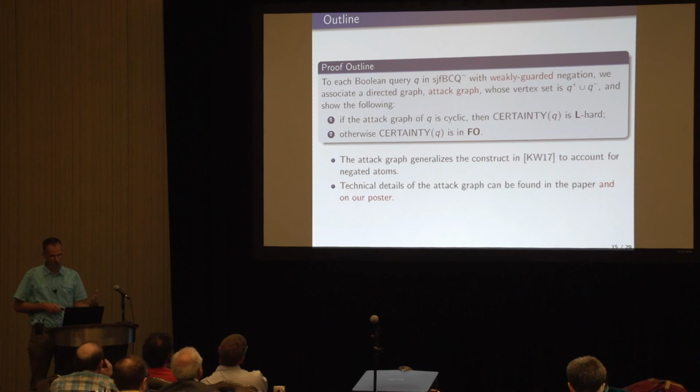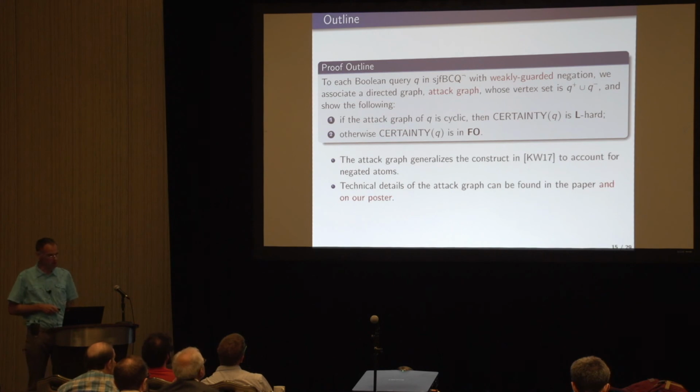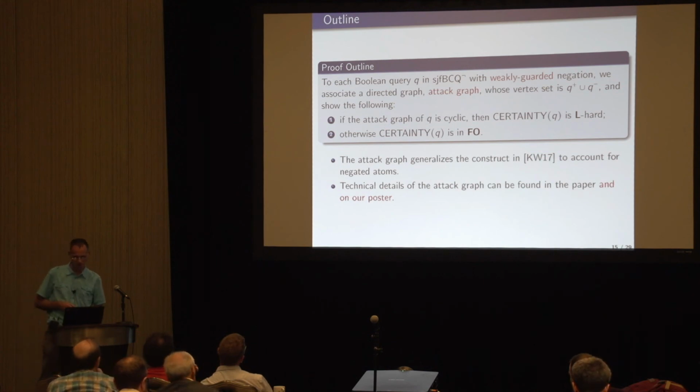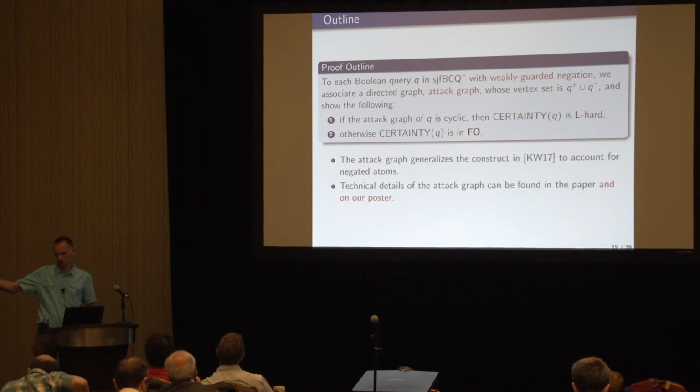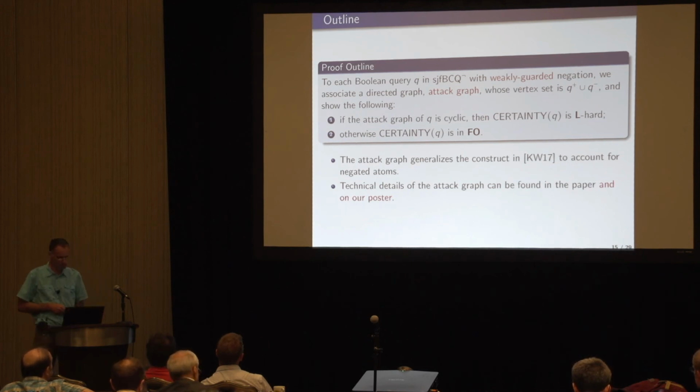And then we showed two things, that if the attack graph of the query is cyclic, then the problem is L-hard, and otherwise we can solve it in FO. Now I won't go into details about the attack graph. Some of you might know this from a previous paper. Actually what we did here is an extension of the attack graph to take into account negated atoms. If you want the technical details, they are in the paper and also on the poster.